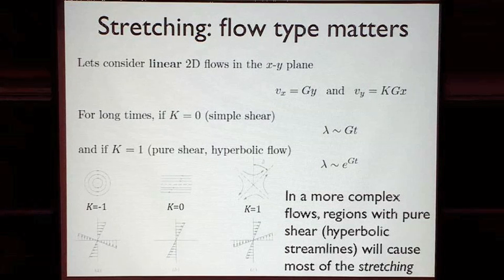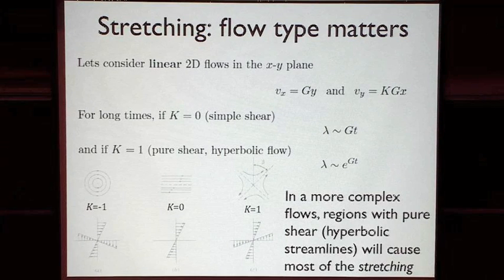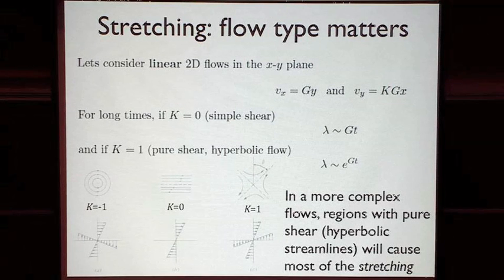Okay. So let's consider three end members where we're going to let k, this constant here, be either -1, 0, or 1. These are illustrated down here in the lower left. We have two types of things plotted. On the top panel are what we call streamlines. Streamlines are instantaneous snapshots of the direction of flow.